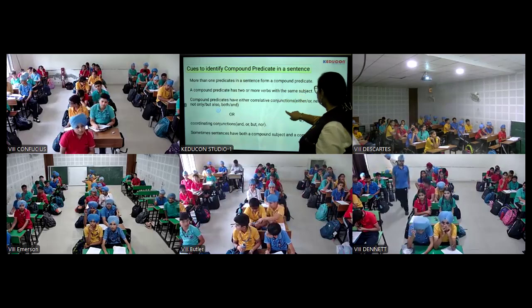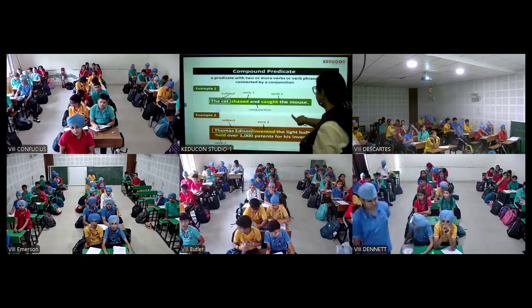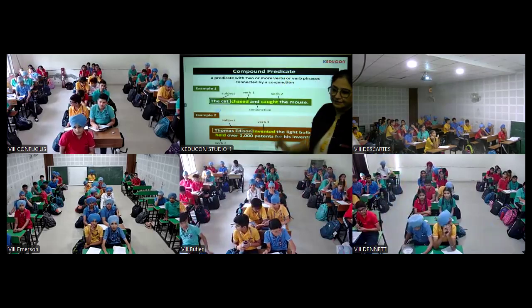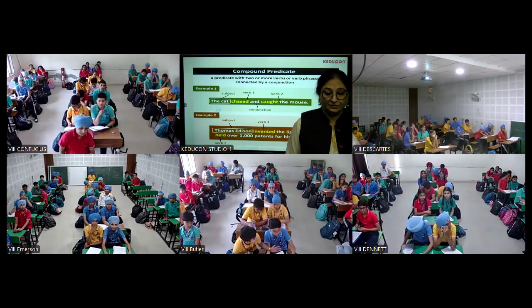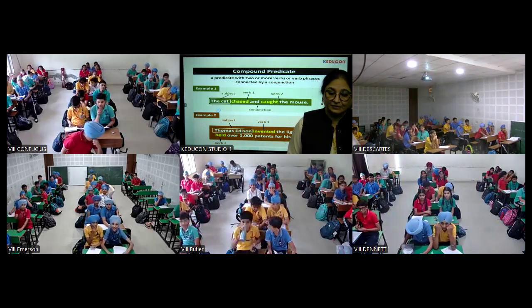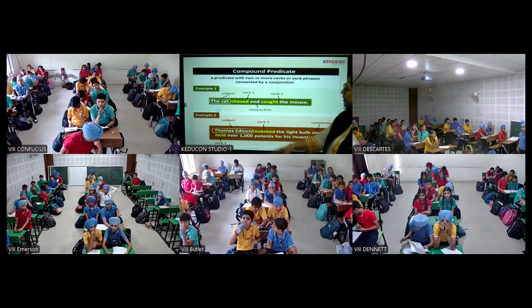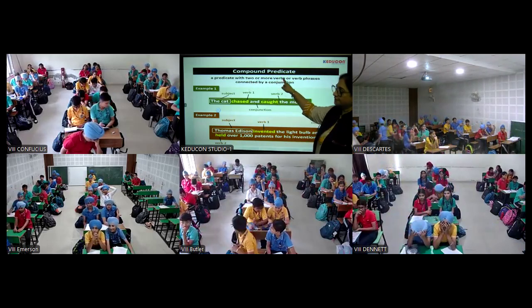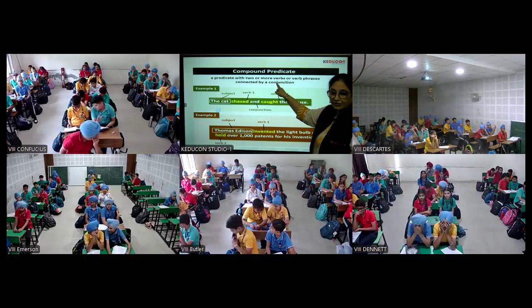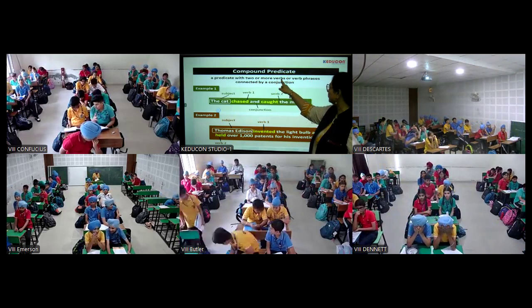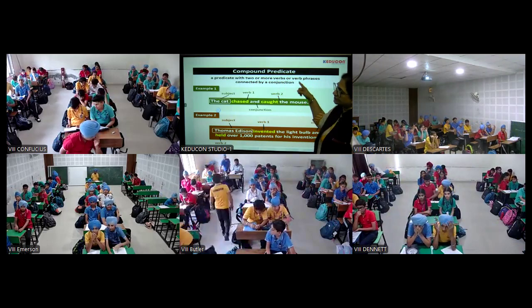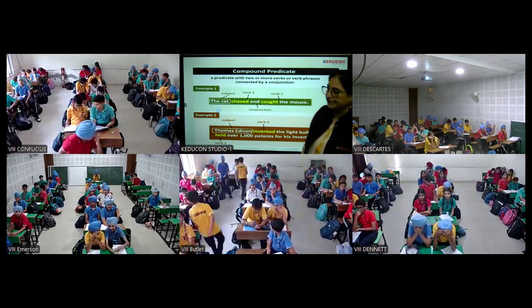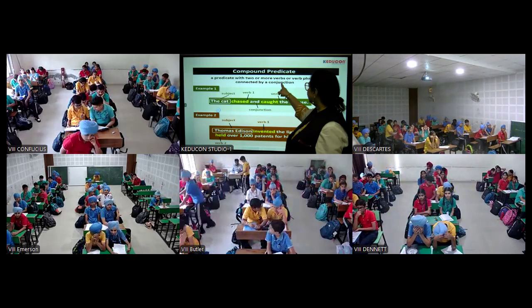Now let us come to compound predicate. Now see, in compound subjects, there are two simple subjects, nouns, okay? But in a predicate, there will be two or more verbs. Okay, so everybody knows what is a verb. I don't have to tell you. Or verb phrase. So again, you know what is a verb phrase? Connected by a conjunction.